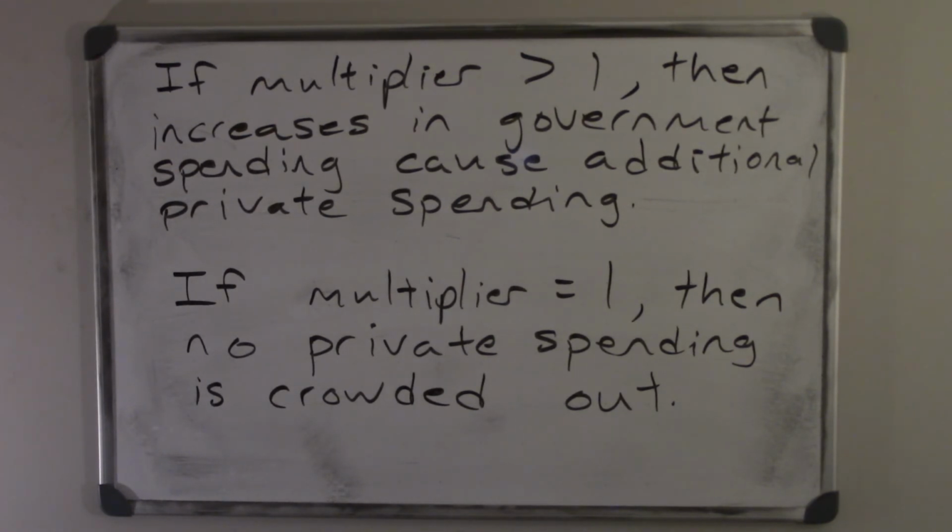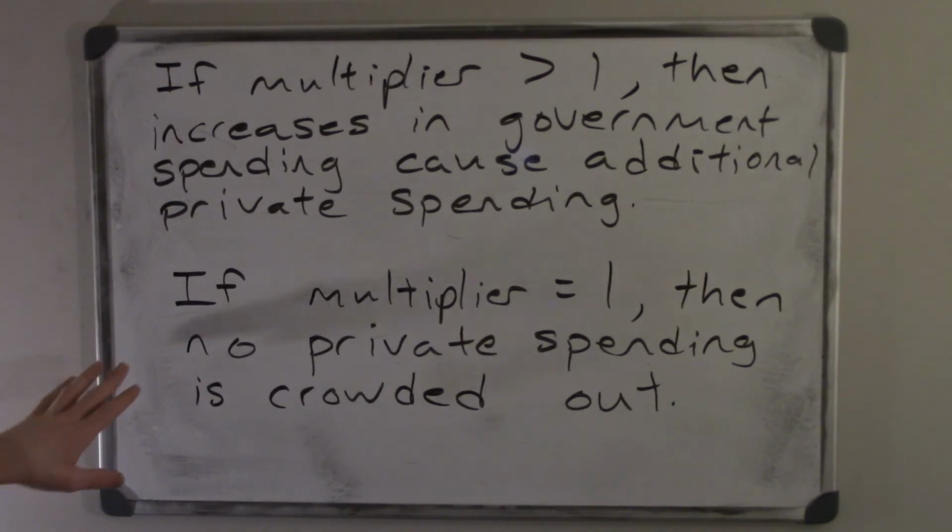So the multiplier goes from 0 on up. If you're between 0 and 1, depending on where you're at, there is going to be some crowding out. If you're closer to 0, there's going to be more crowding out. If you're closer to 1, there's going to be less crowding out.